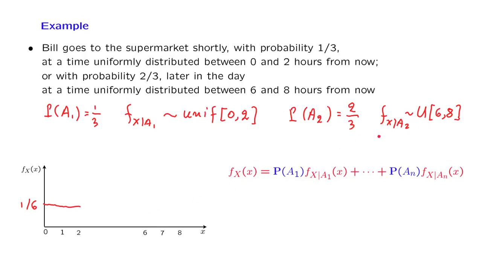This uniform has a height of 1/2 again, but it gets multiplied by a factor of 2/3, and this results in a height for this term that we have here, which is 1/3. And this is the form of the PDF of the time at which Bill will go to the supermarket.